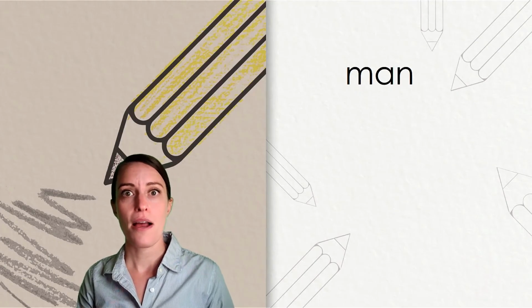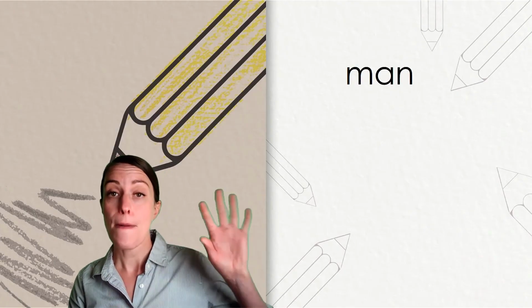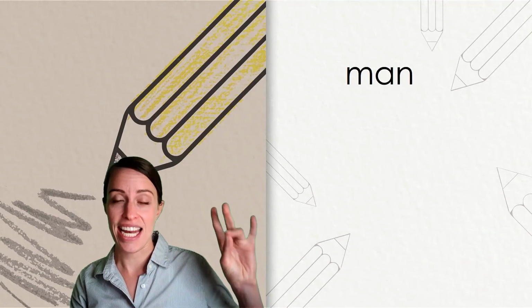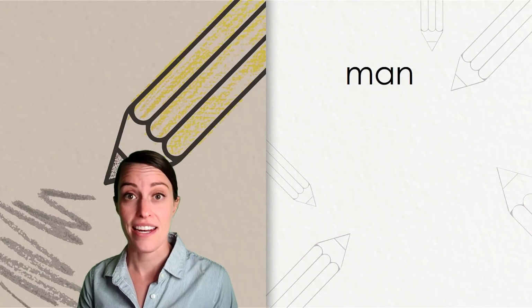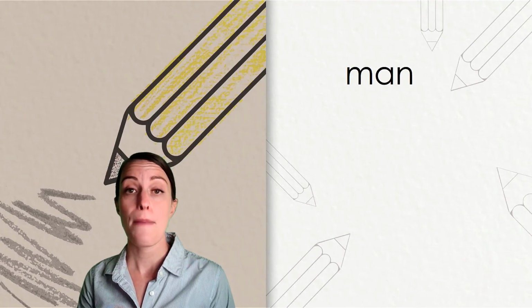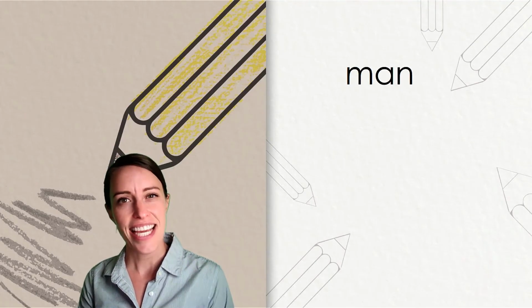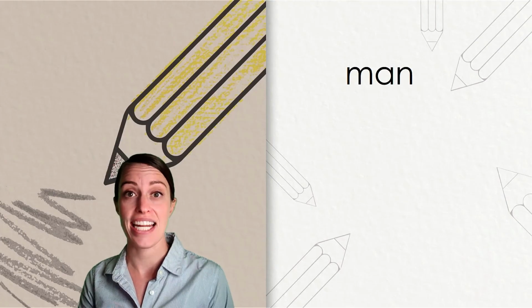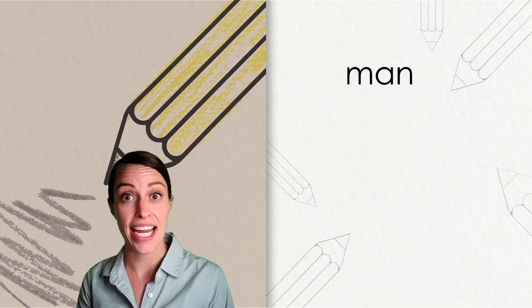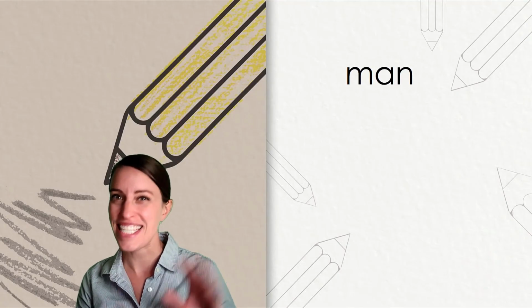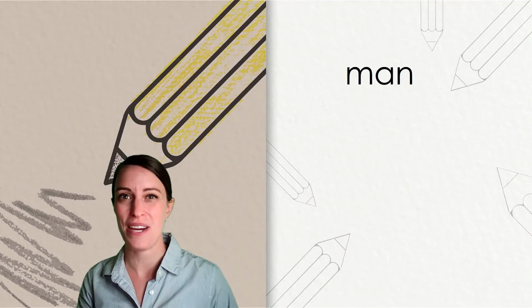Those three letters match the sounds an, man. Let's try another one. The word is pans. Say that with me. Pans. Go ahead and try writing the word pans, and you can tap out the sounds to help you.